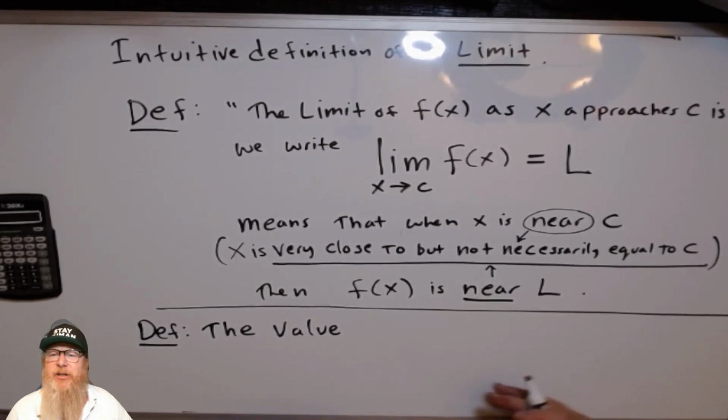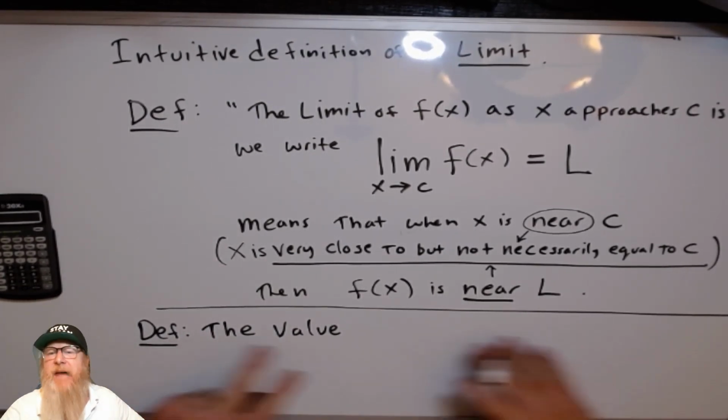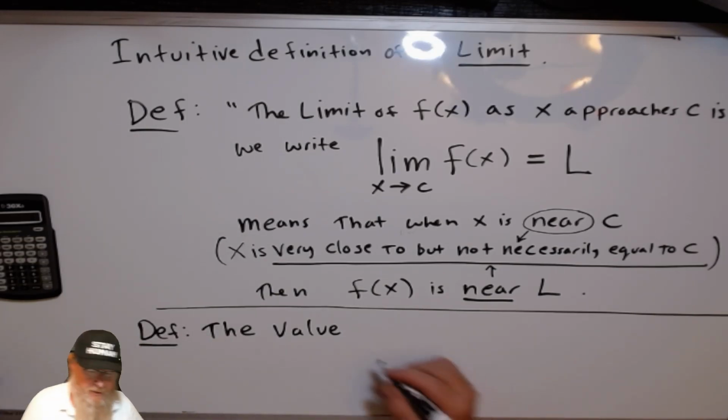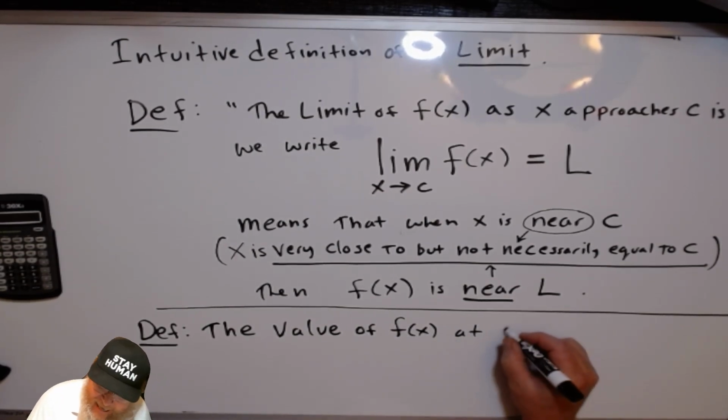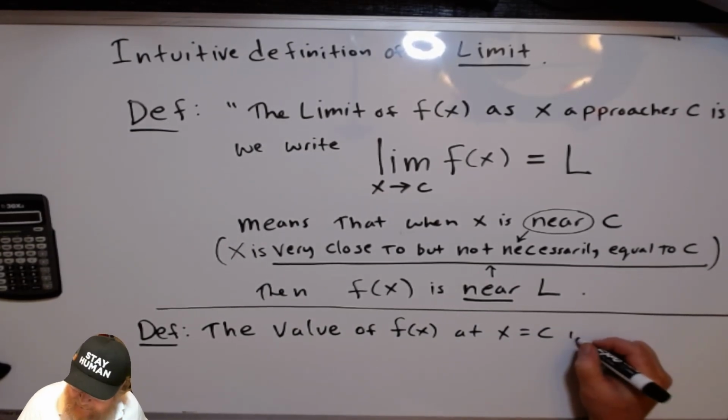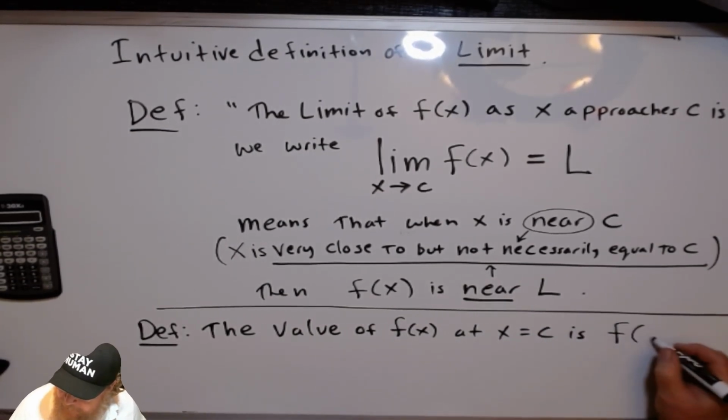This is the definition of the value. I saw that I have enough space here to put one more definition in. The value of f of x at x equals c is f of c.